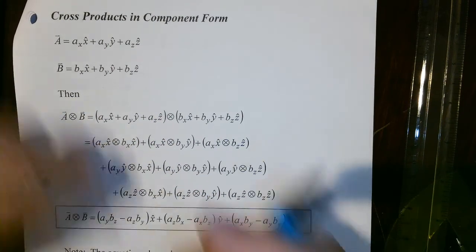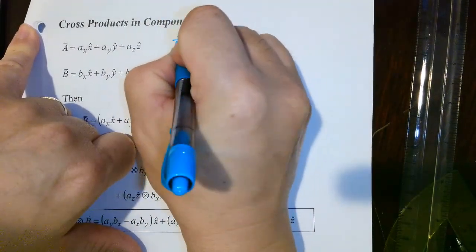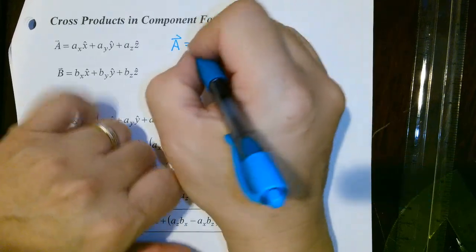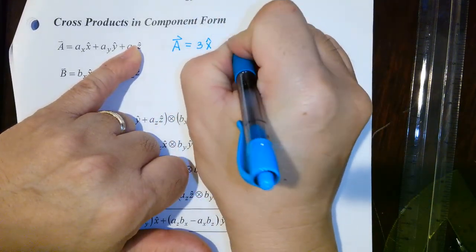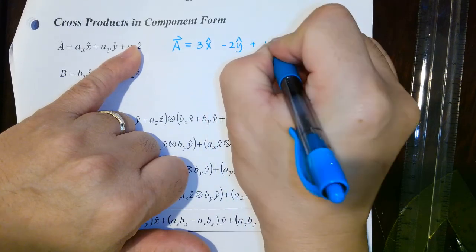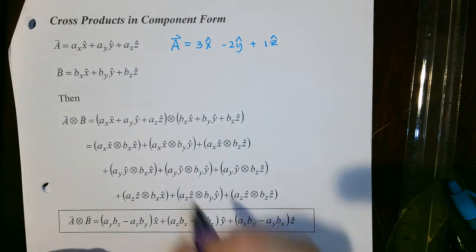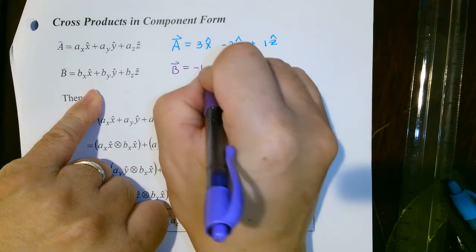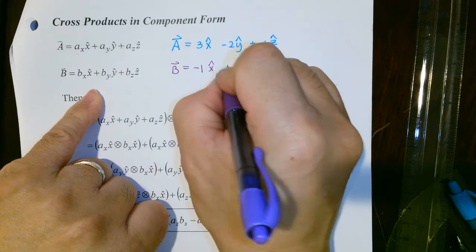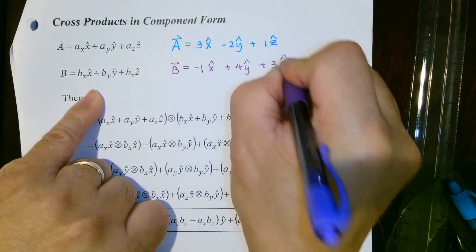So just to give you a little example, let's say a vector can be 3x hat minus 2y hat plus 1z hat. These are some numbers that I just made up, all right? And my b vector, let's say, has negative 1x hat plus 4y hat plus 3z hat.